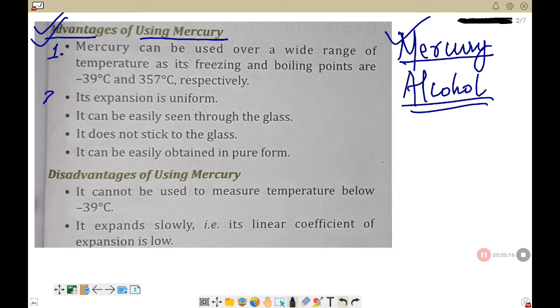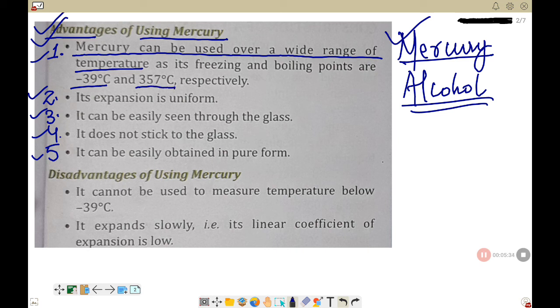You can number it also: 1 2 3 4 5. Okay, there are how many advantages? 5 advantages. Now underline, mercury can be used over a wide range of temperatures. So when you use mercury, you can measure temperature from minus 39 degrees Celsius to 357 degrees Celsius. You can imagine how hot the object will be at 357 degrees Celsius.